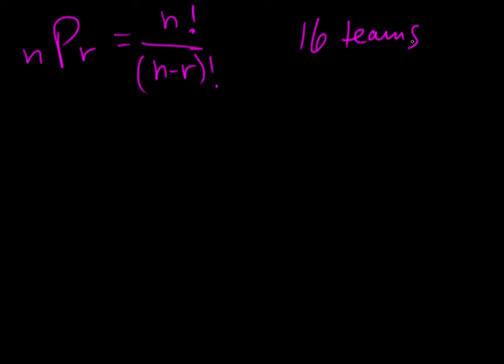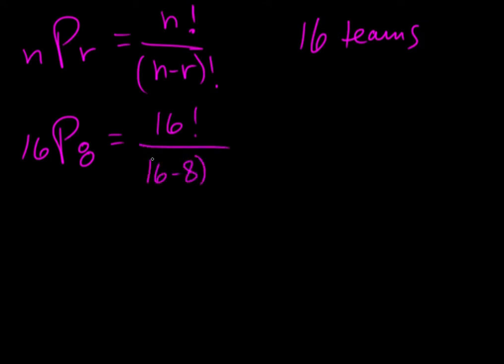Okay. Cool. Okay, so what we're going to do is set up a 16P8. And if we just plug it in, we're going to get 16 factorial over 16 minus 8 factorial. And so that's going to be 16 factorial over 8 factorial.